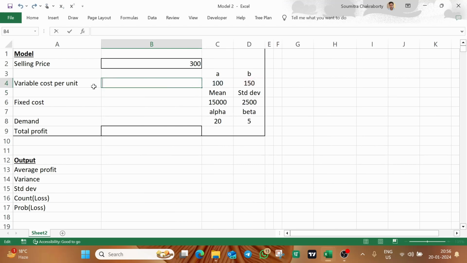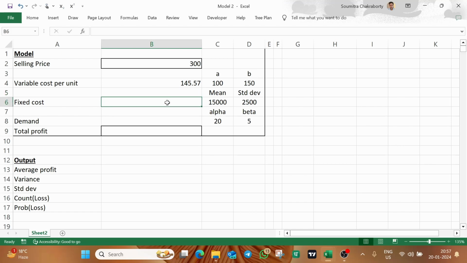I will again write this. So a plus random number into b minus a. If you are facing problems with the formula or the expression, then go back to video number 2 or even video number 1. I have explained the formula for the inverse functions for every type of distributions possible. I mean most type of distributions that are normally used.